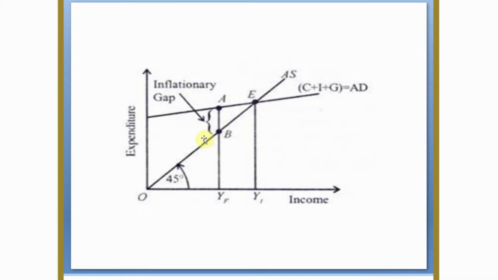If it intersects at point B, there would not be any kind of inflationary gap or inflation, because the amount spent is equal to the total amount of output.